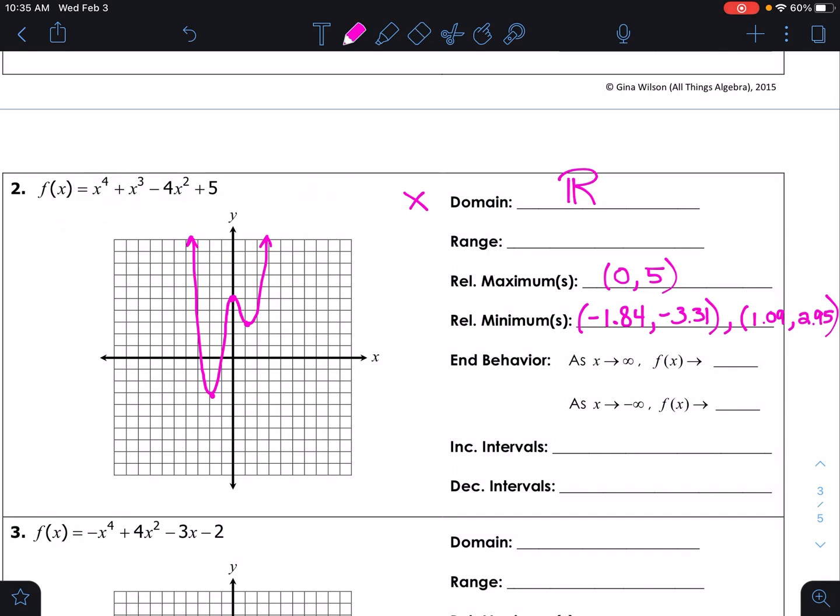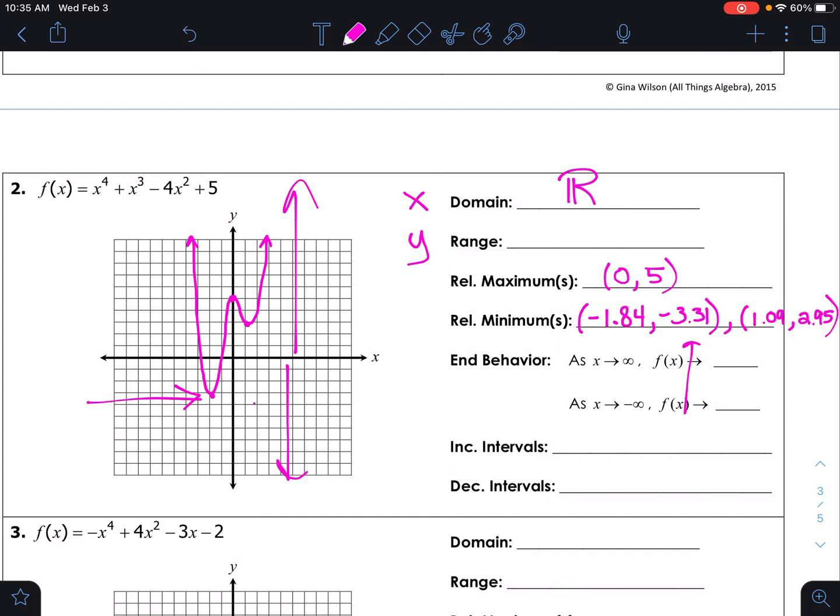The range, sometimes you'll have the range is also all real numbers. In this case, it's not. The range, right, is your possible y values. And this one goes all the way up to infinity, but it doesn't go all the way down. It stops right here. This is the lowest it gets. Now, remember, we already wrote what that is. That point is negative 1.84, negative 3.31. So what's the lowest this gets?